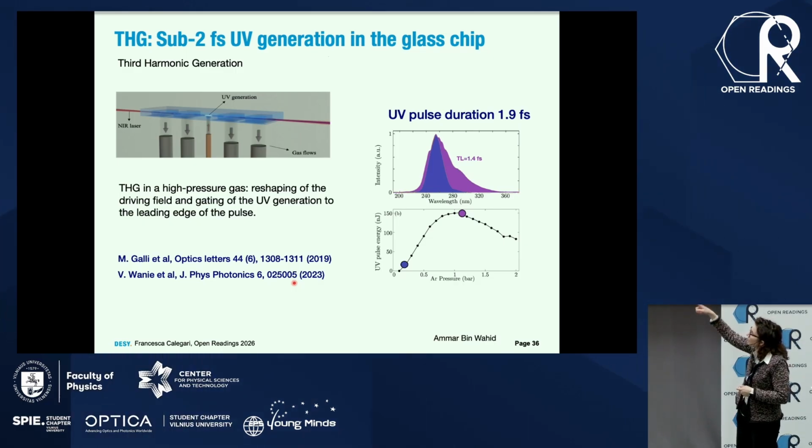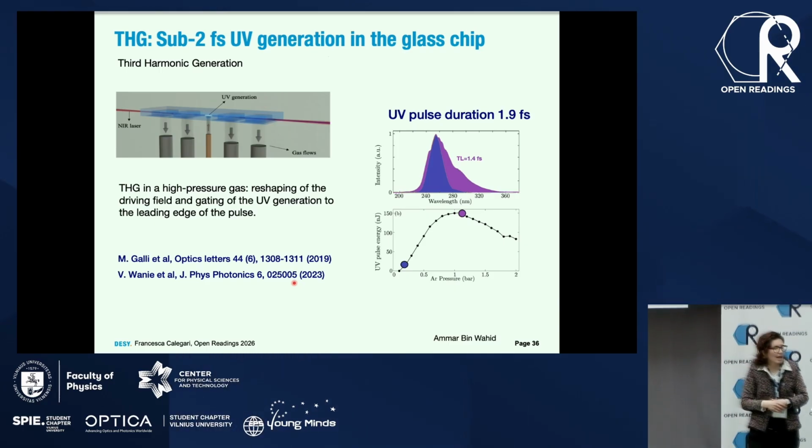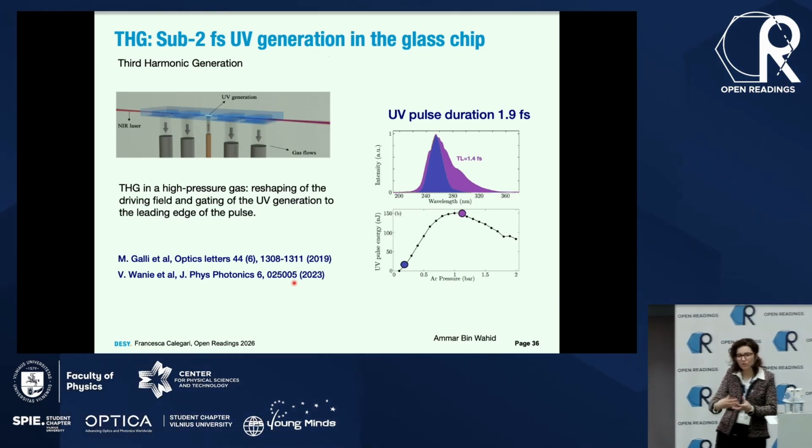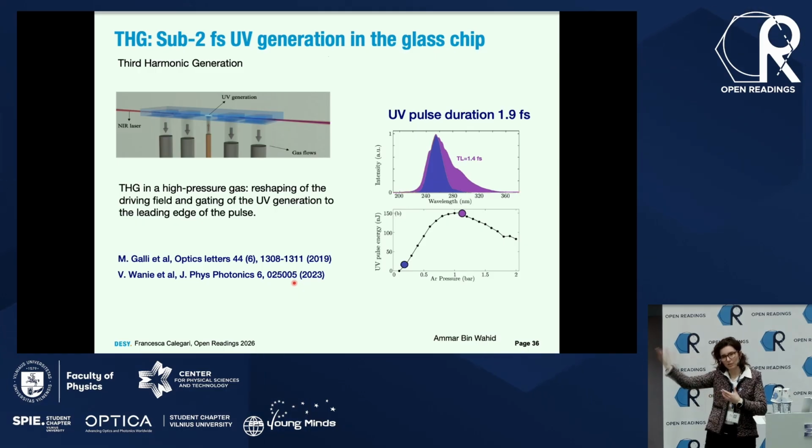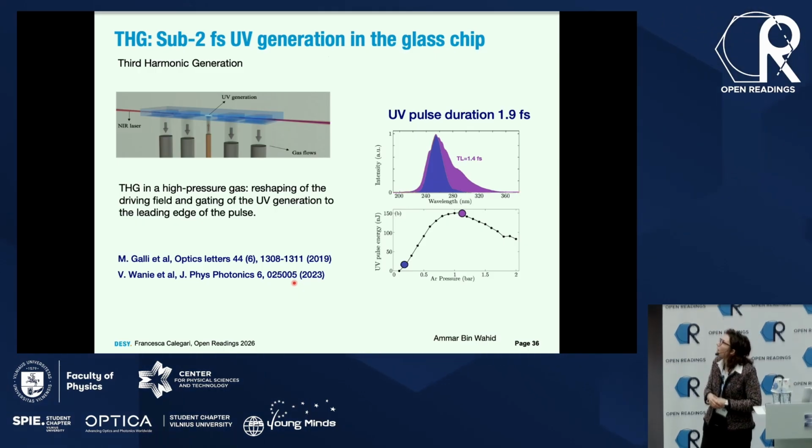The central reservoir that you see with UV generation is where we inject the gas at very high pressures. And the subsequent reservoirs, in fact, are used for pumping very fast the gas out, such that the gas is confined in the central section of this device at very high pressures. And we generate the third harmonic of our fundamental laser, which is in the ultraviolet, in this high pressure gas.